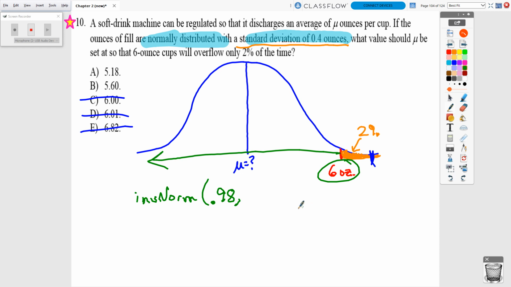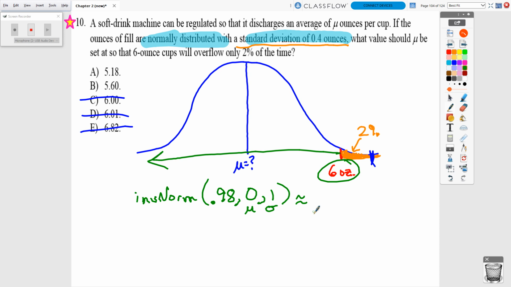So what we're going to do is use a normal distribution that we do know the mean and the standard deviation of, and that would be the standard normal. So we're going to say that the mean is 0 and the standard deviation is 1. Now we're going to know what that 6-ounce cup really is in terms of a z-score. How many standard deviations above the mean is a 6-ounce cup?